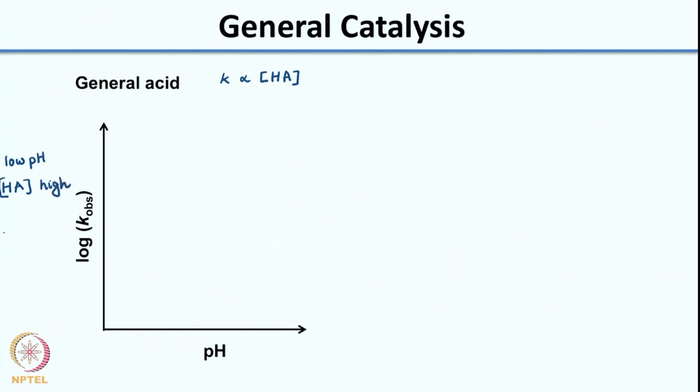Now, you need to look at this equilibrium. At low pH you have a great concentration of H3O plus, so the equilibrium is towards the left. Now, what will happen as you increase the pH? When will there be a major change? The major change will be when you have HA dissociating.